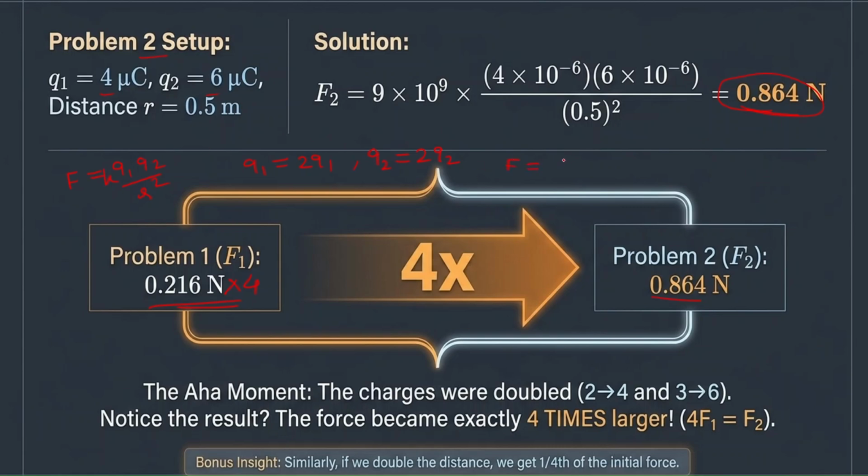What I get is k q1 q2 upon r square. Now let's suppose F prime, we get 4F. It's a very important concept.